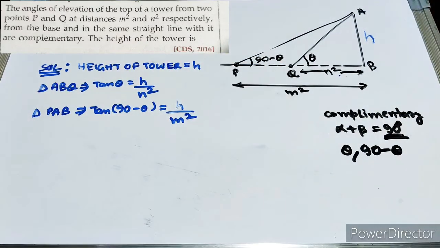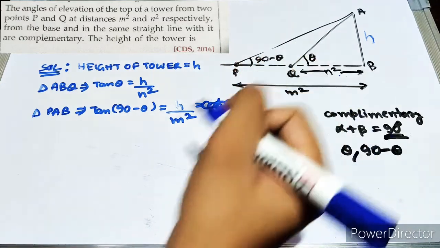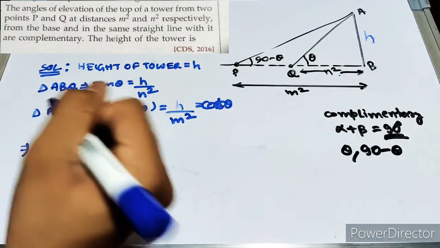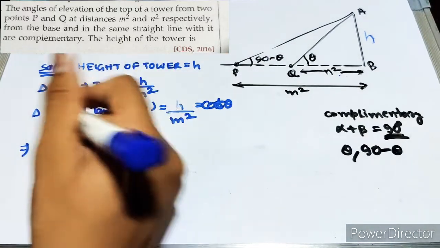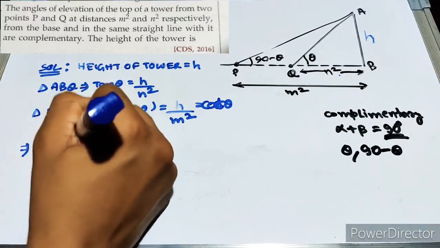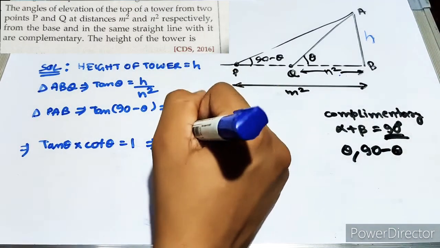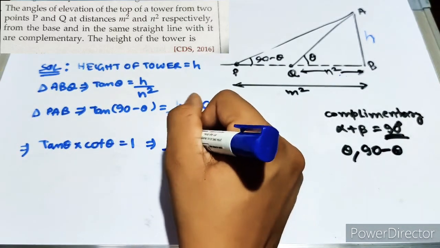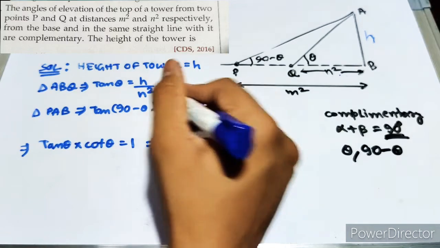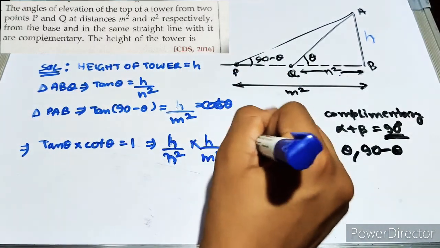Now we also know that tan of 90 minus theta equals cot theta, from the identity. So it becomes cot theta. We also know that tan theta into cot theta equals 1, since cot theta equals 1 upon tan theta. Let us put tan theta equals h upon n square, into cot theta equals h upon m square, equals 1.